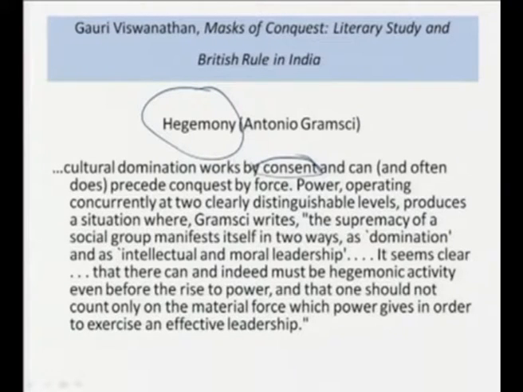Power operating concurrently at two clearly distinguishable levels produces a situation, and she refers to Gramsci here, where Gramsci writes, the supremacy of a social group manifests itself in two ways, as domination and as intellectual and moral leadership.